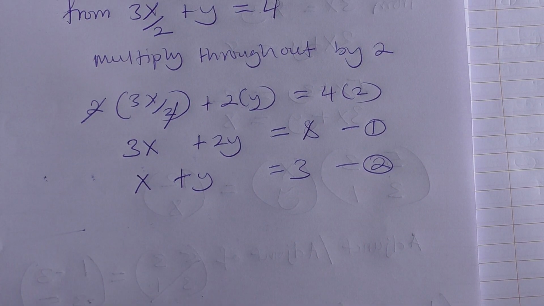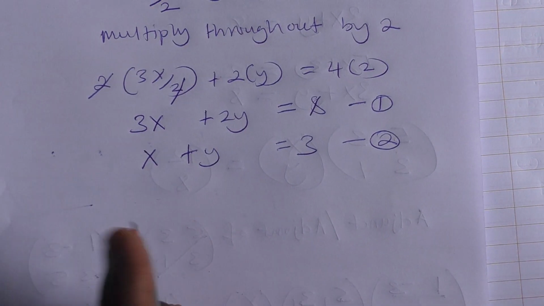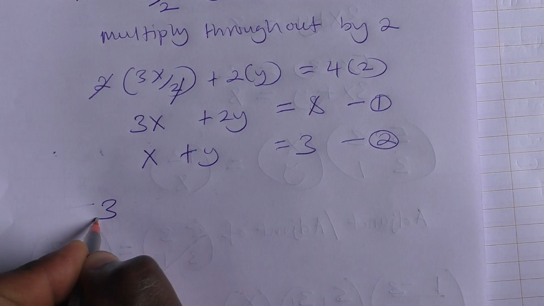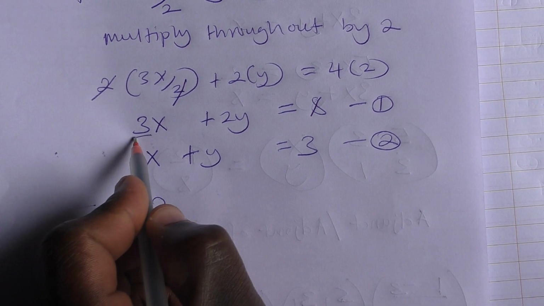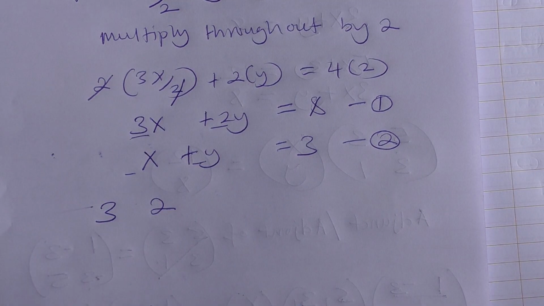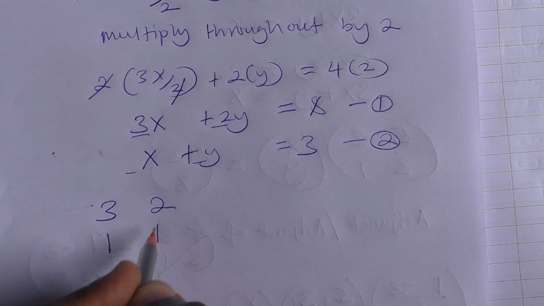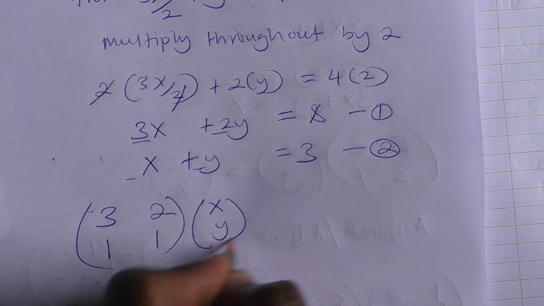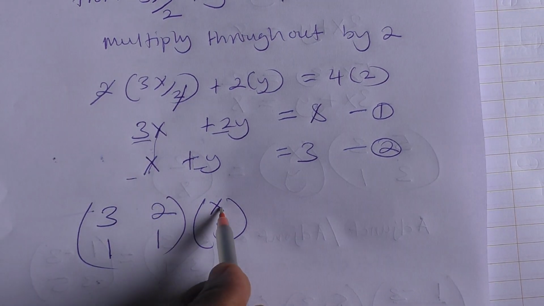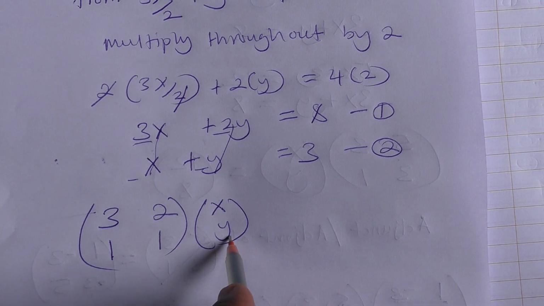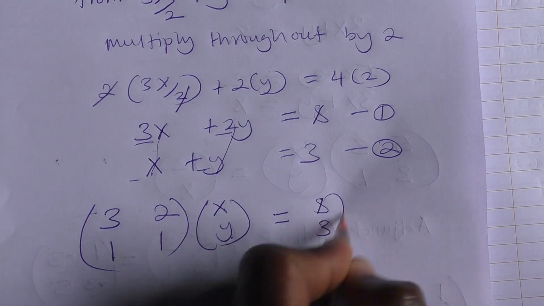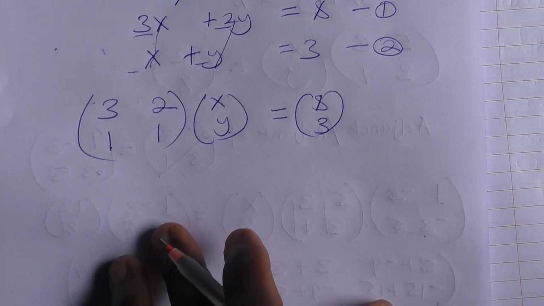As we saw earlier in our previous example, we generate the matrices, that is, we shall have 3, 2, we consider the coefficients of the unknowns, that is 1, 1, then x, y, the first one comes first, the second comes down, equaling 8, 3. So we have generated our matrices.